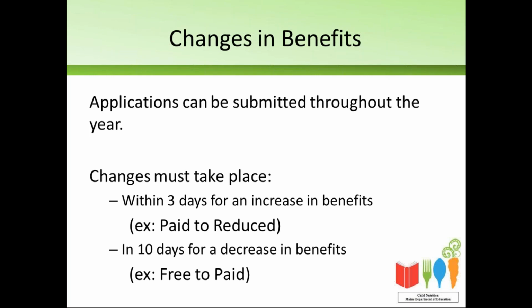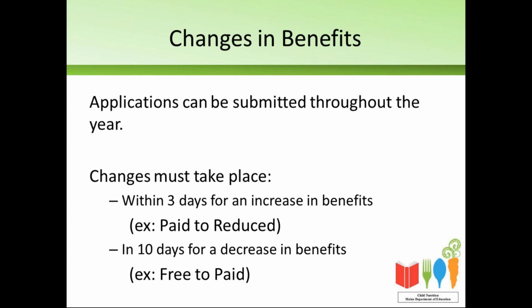If a family comes in and tells you that they want to fill out a new application for their children, their income level has changed, they're making more money, you are allowed to tell the family that this is not required. You can tell that family this benefit is good for the entire school year.